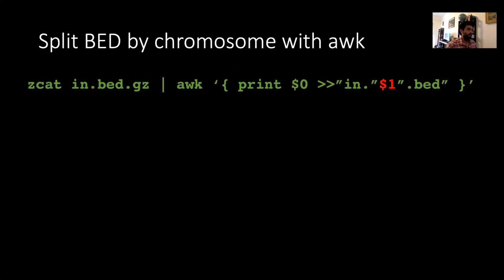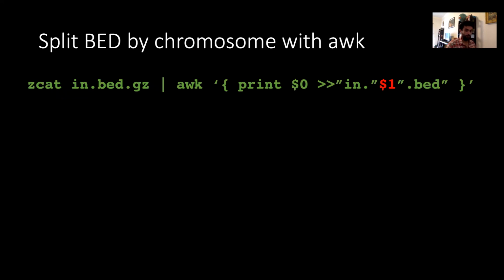Okay, now we're going to use awk. Now this is kind of a little tangent. I don't do this too many times, but sometimes you'll have a bed file which is very large, and for whatever reason, you can't run some command on the whole thing. So maybe you want to split it up by chromosome. A good way of doing this is with awk.